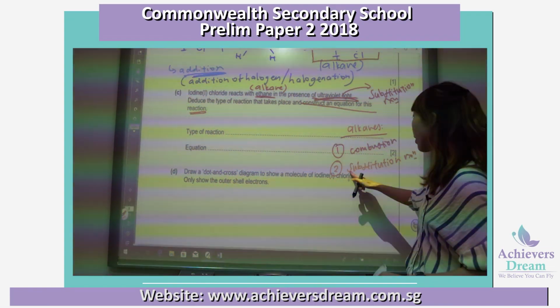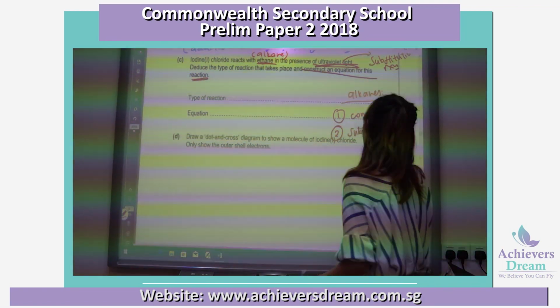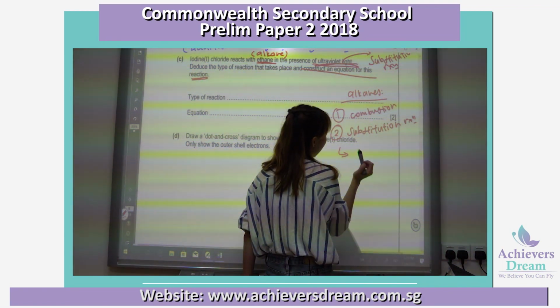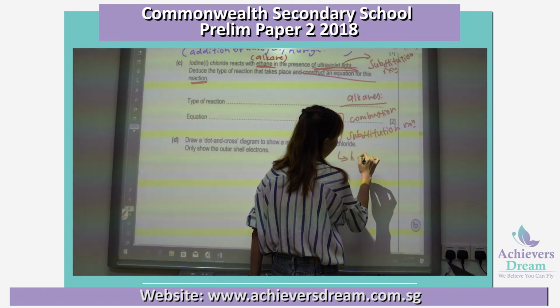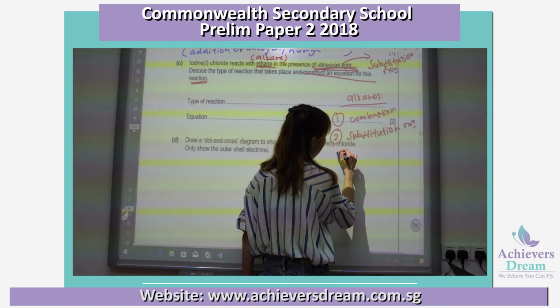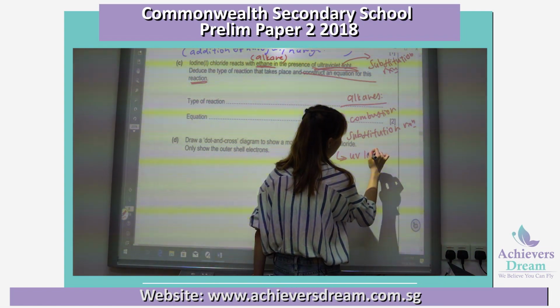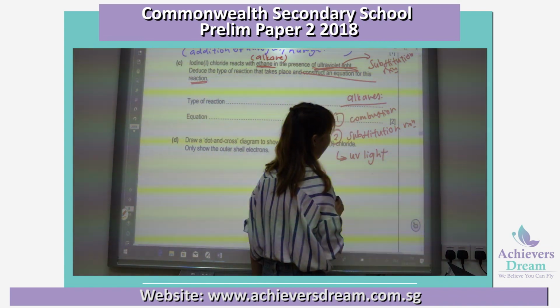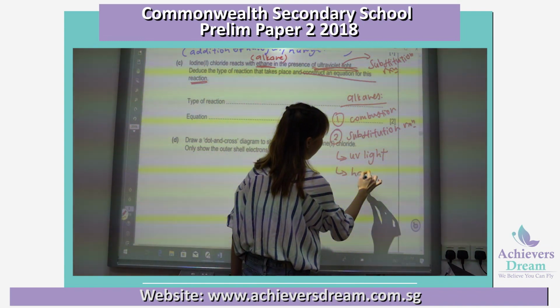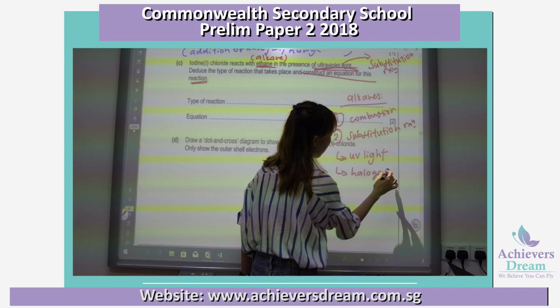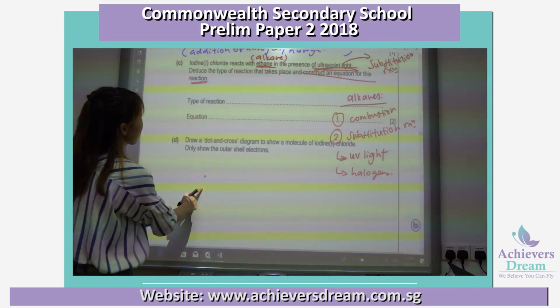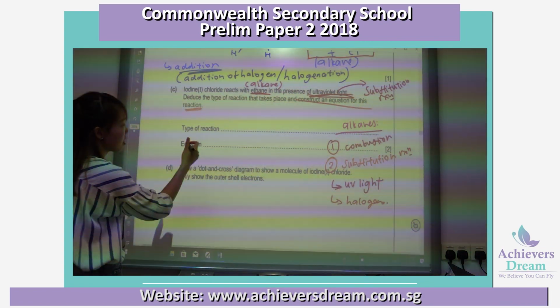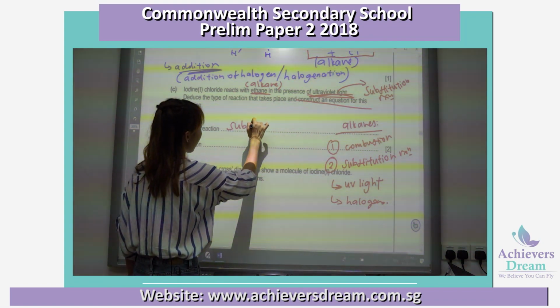For substitution reaction, the conditions required will be, there must be presence of UV light, and also you must add halogens. So what type of reaction is this? This is a substitution reaction.